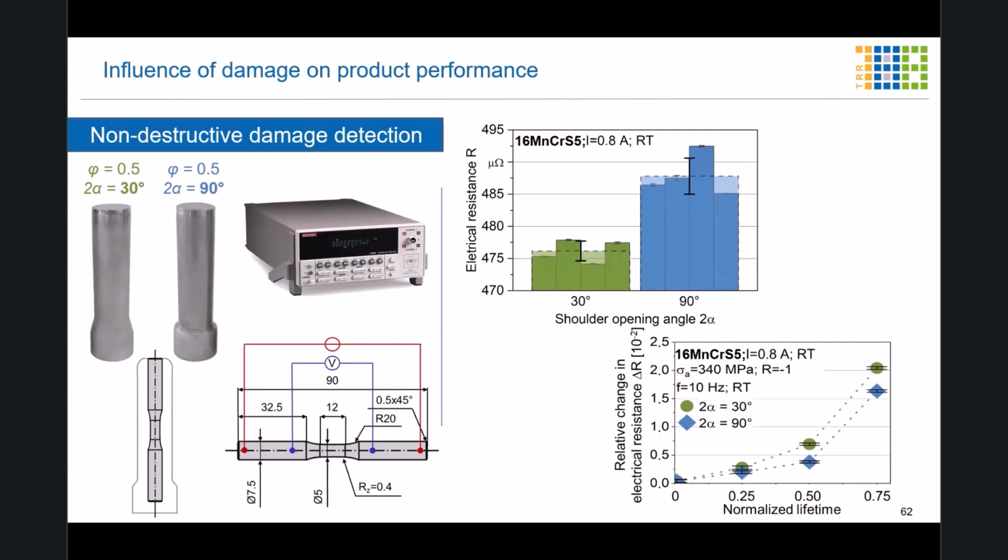In this case, we can see that with the electrical resistance, we can differentiate between the different shoulder opening angles of 30 and 90 degrees, and therefore different initial damage states. This can also be used during the fatigue test, like in the example shown below, where intermittent fatigue tests were performed, where the tests were stopped and then measured with the nanovoltmeter system to assess damage development of the different shoulder opening angles and initial damage states.